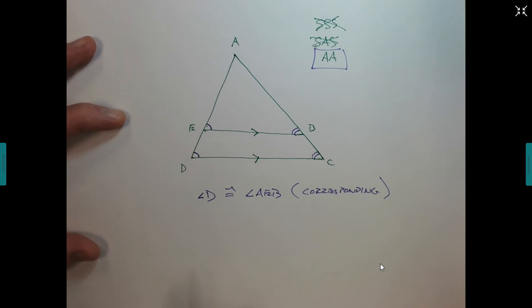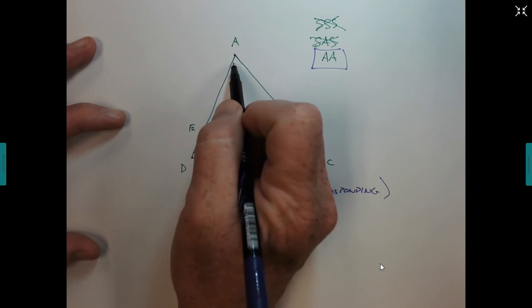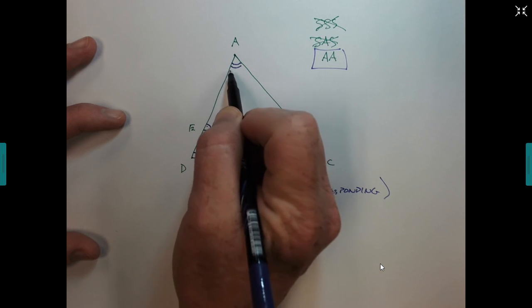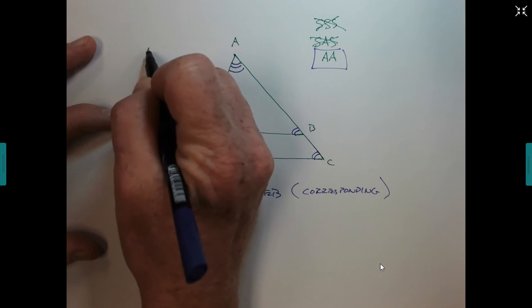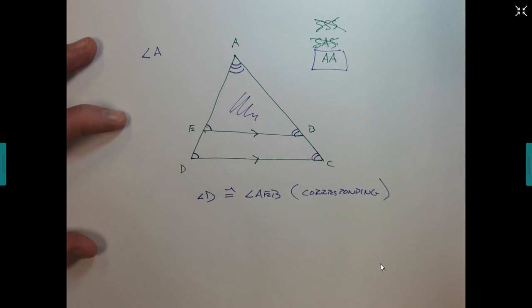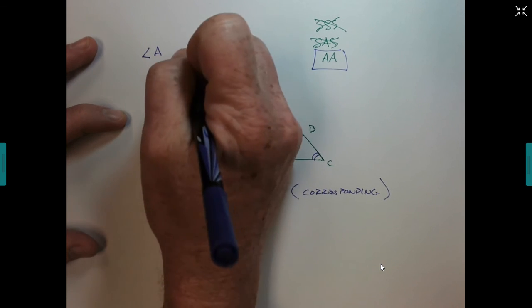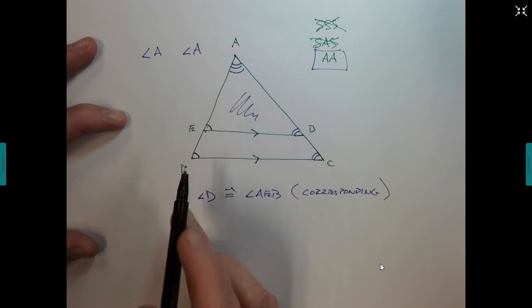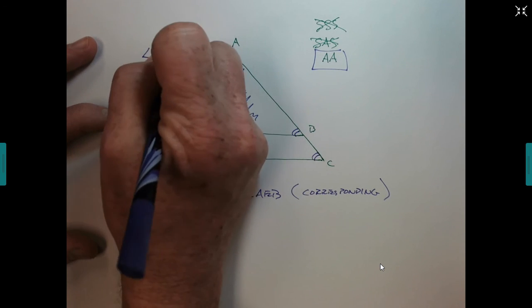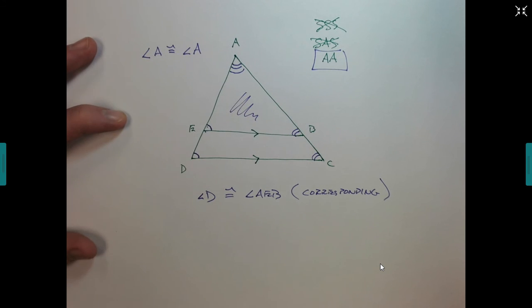Just want you aware, this triangle up at the top, all right? I can actually do this one as well because realize angle A is an angle in the small triangle. Angle A is also an angle in the big triangle. And we know that angle A has got to be congruent to itself.